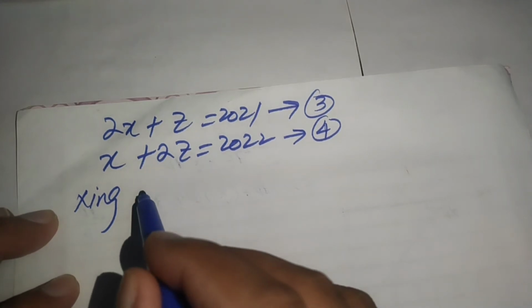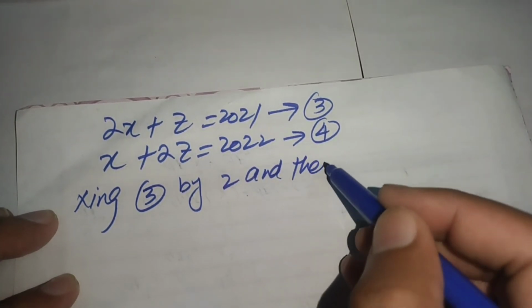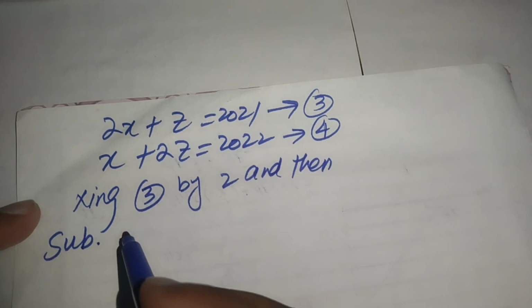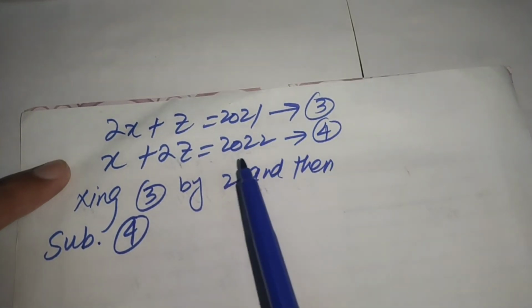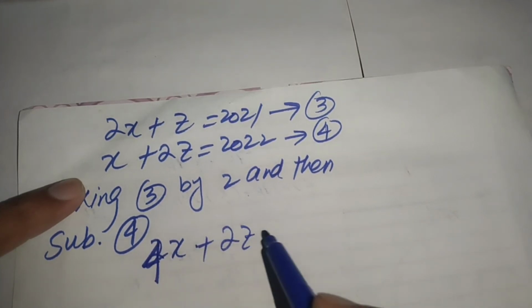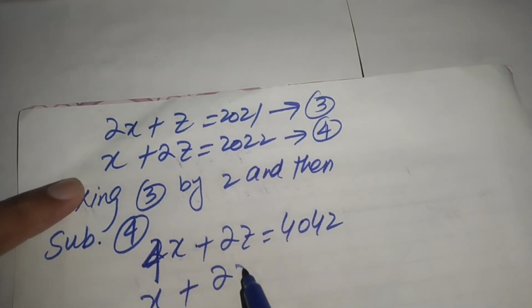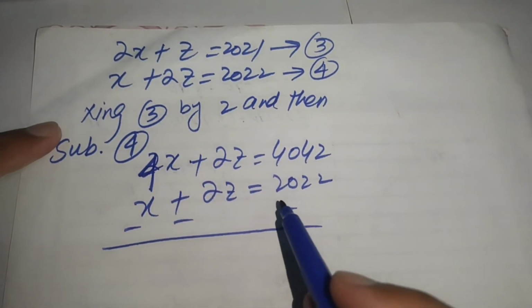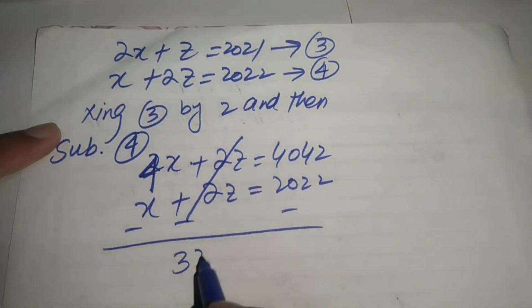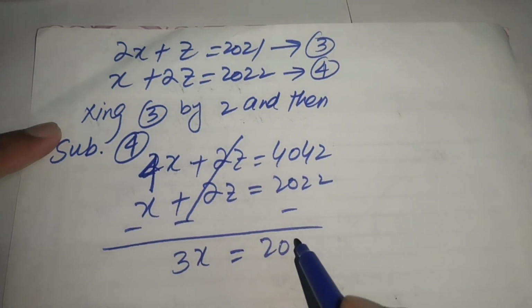We multiply equation number 3 by 2 and subtract equation number 4 from it. Then we obtain 4x plus 2z is equal to 4042, and when we subtract this equation by this, we cancel out these two terms, and here we get 3x is equal to 2020.